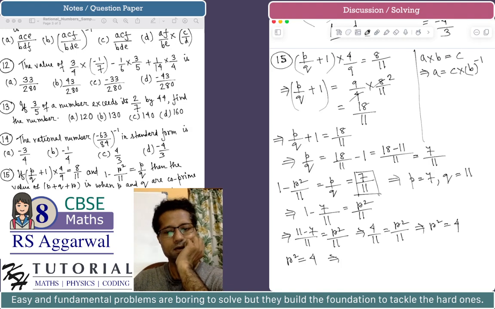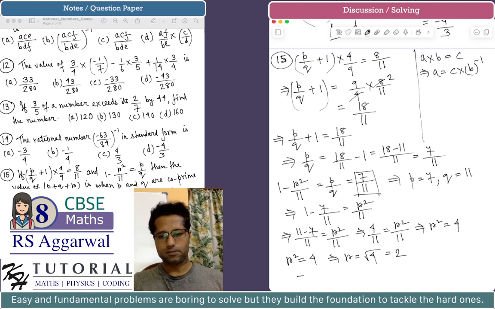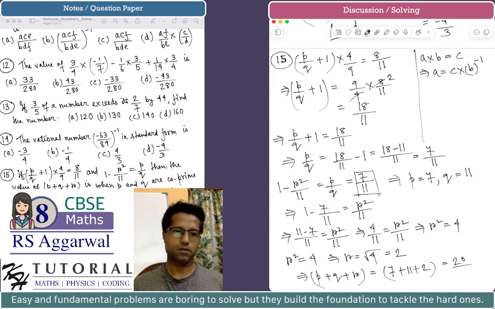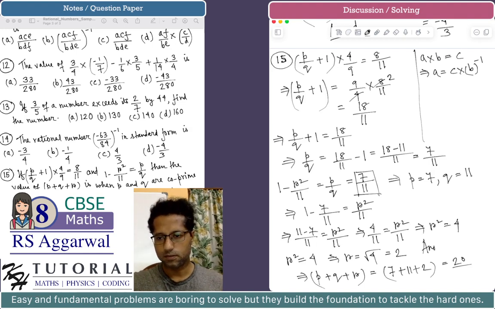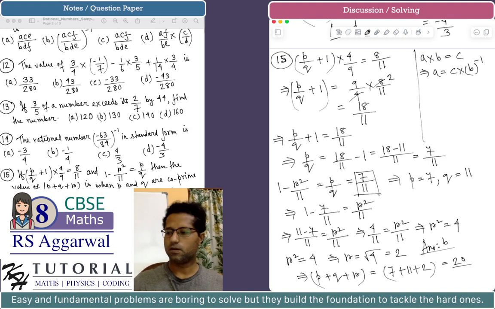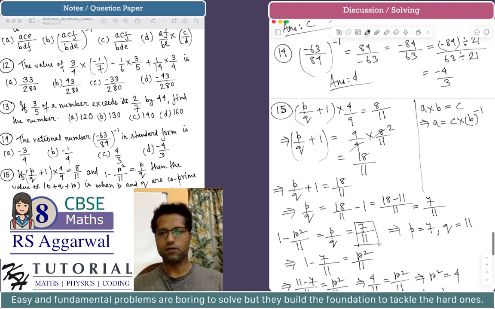This implies R is equal to square root of 4, which is equal to 2. This implies P plus Q plus R is equal to 7 plus 11 plus 2, which is equal to 20. So the correct choice is B.